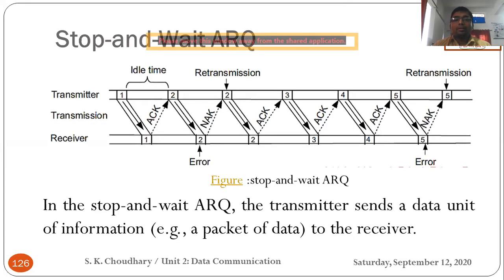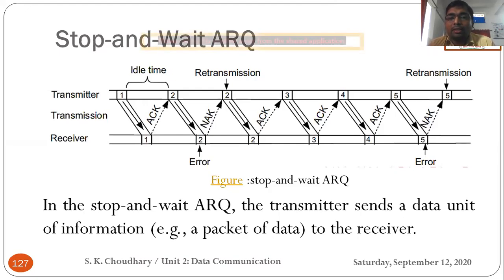So now we will see there are three types of ARQ system. First is the stop and wait ARQ system. Second is the go back N ARQ system, and third is the selective repeat ARQ system. The first one we have to see is the stop and wait ARQ system.